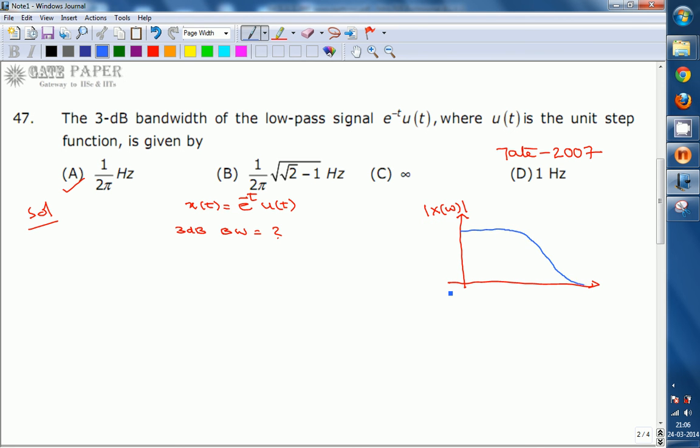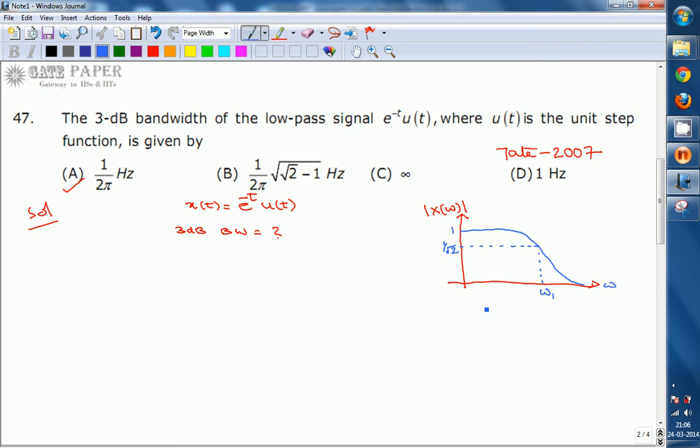The maximum value is 1, and with omega on the x-axis, the 3 dB point at omega 1 has the amplitude 1 by root 2.